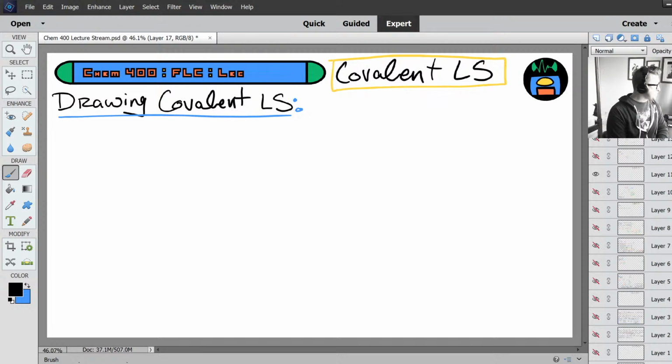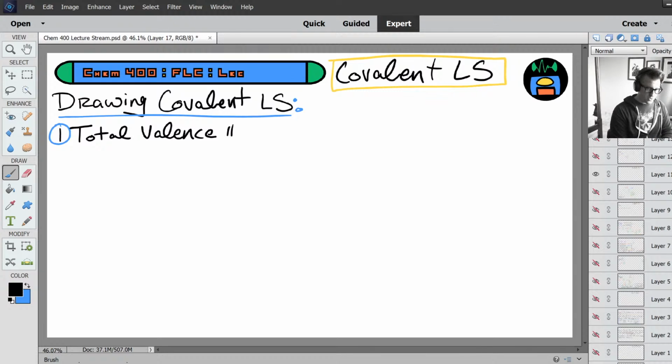The first step when it comes to drawing Lewis structures, step number 1, is to count your total valence electrons.